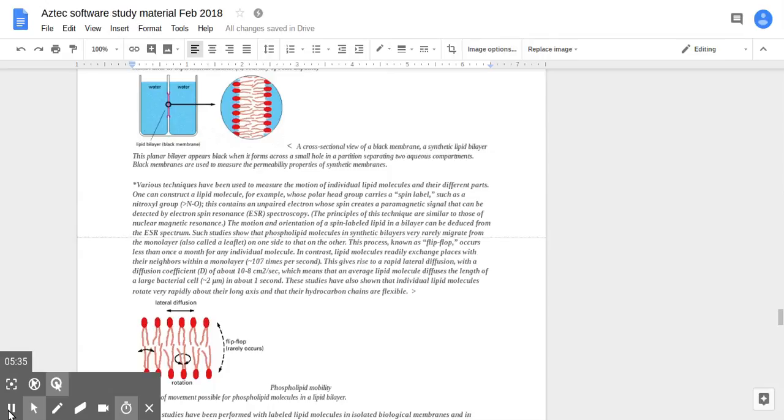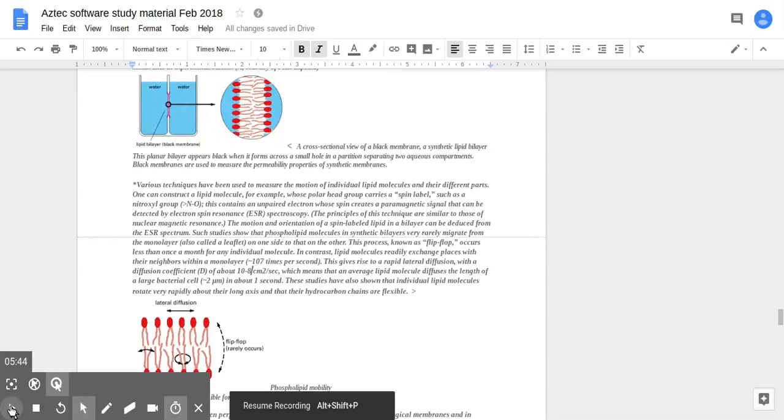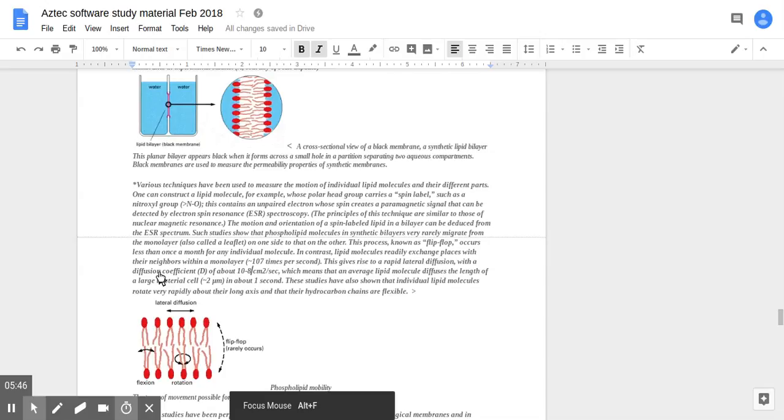This gives rise to rapid lateral diffusion with a diffusion coefficient of about 10 to the 8th centimeters squared per second, which means that an average lipid molecule diffuses the length of a large bacterial cell, which is about 2 micrometers, in about a second.